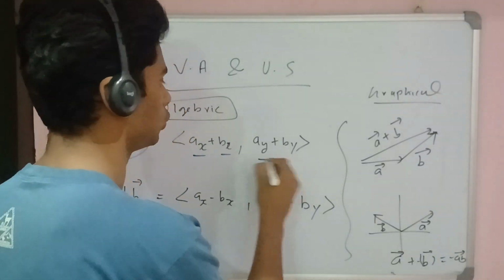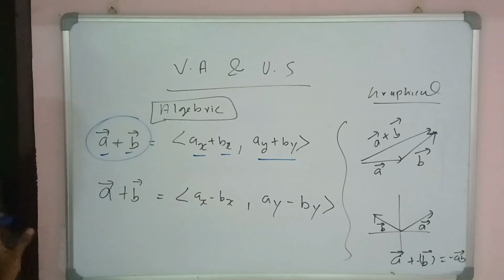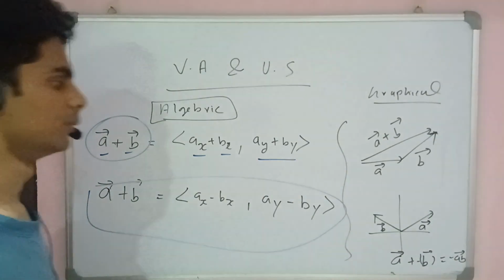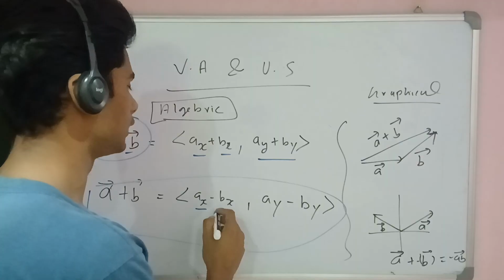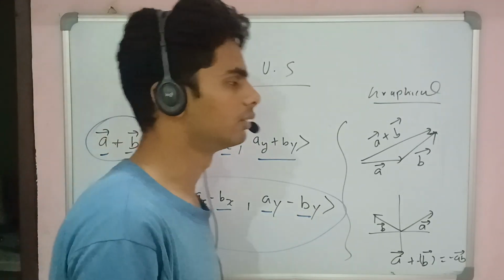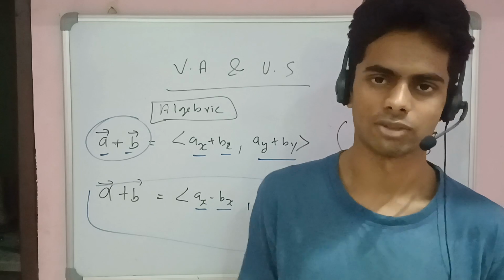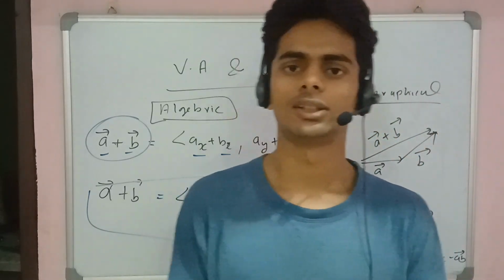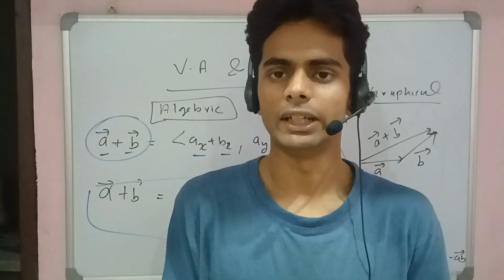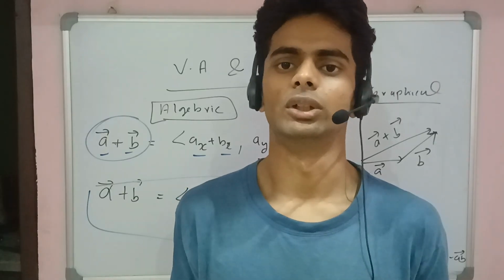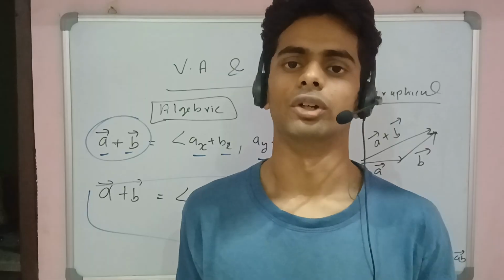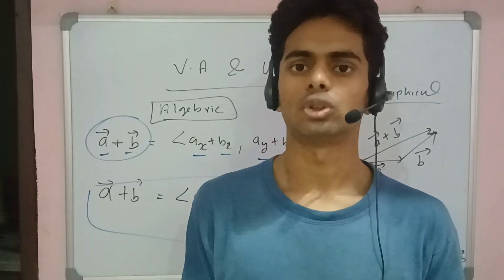And second, if you want to subtract, you can do it simultaneously: ax with bx, and ay with minus by. So simultaneously with the x and y components, you can add and subtract. That's the easiest way, the algebraic method, which works by component-wise addition and component-wise subtraction.